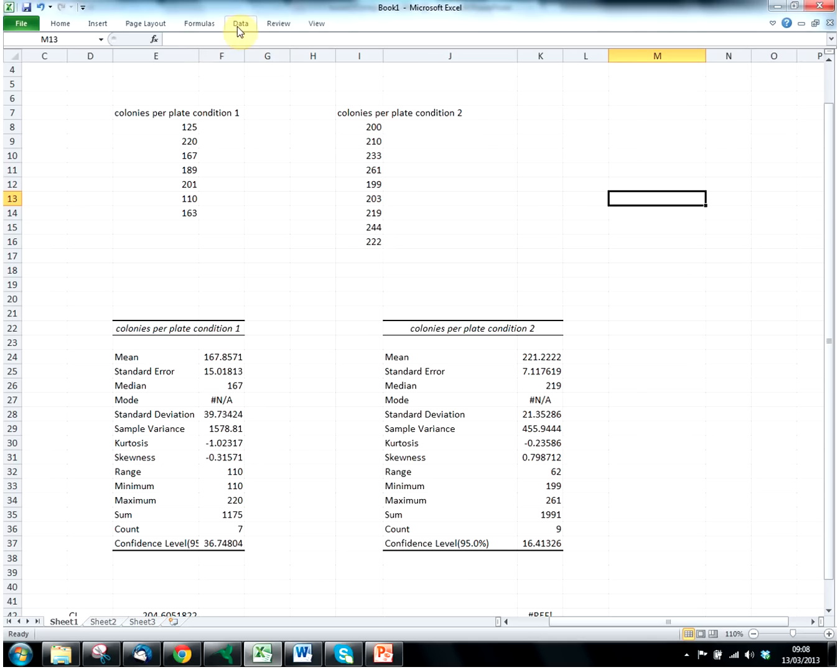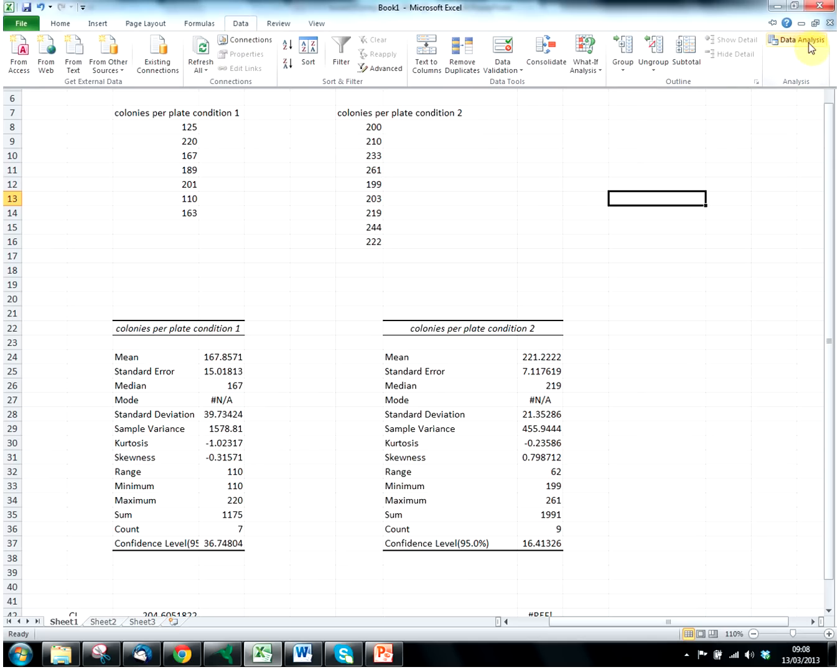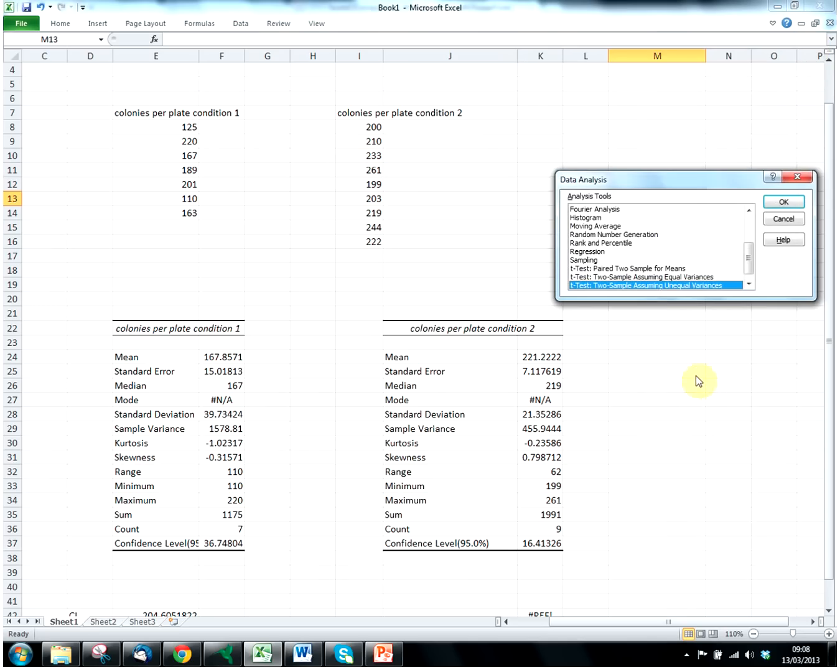We go to data analysis here, and now we go to something that is called t-test for two samples. So we have two different samples here and here, and these samples are independent of each other. It's not like before and after. I've done these samples actually at the same time, but grew the bacteria under different conditions.